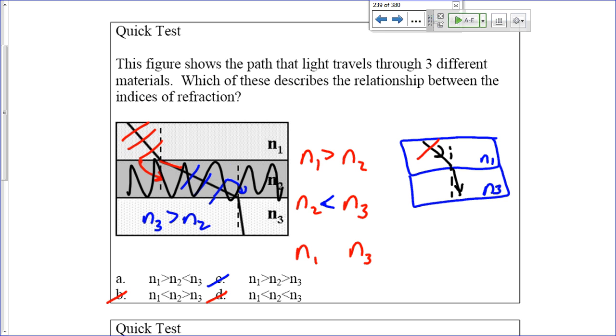So my wavefront comes like this. It slows down here. That means that N3 must be bigger than N1. And let's see if that's true here. N3 is bigger than N1. That's right. And again, I understand these inequalities aren't written correctly. I'll have it written correctly.